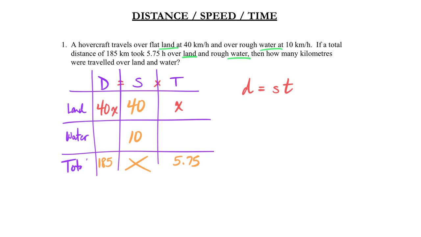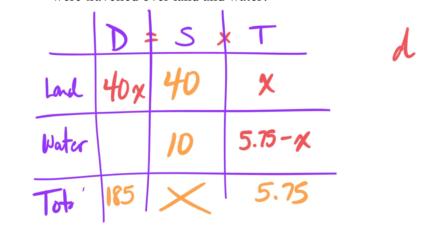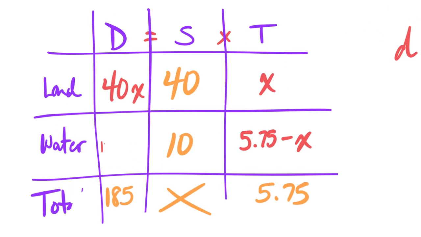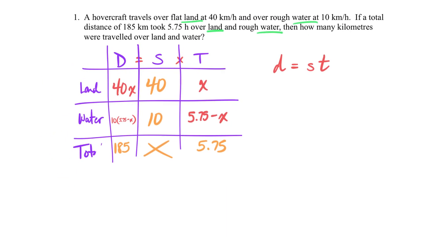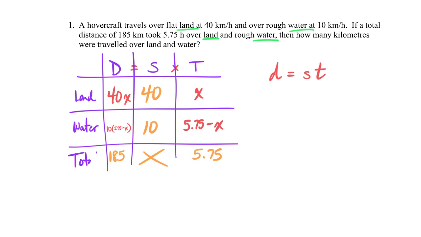Now, if I wanted to go one variable, I could then draw the conclusion that 5.75 minus x has to be my time over water. Which then means, and I'm going to sneak this in as best I can, let me see if I can blow that up to make it easier, that 10 times 5.75 minus x is my distance on water.